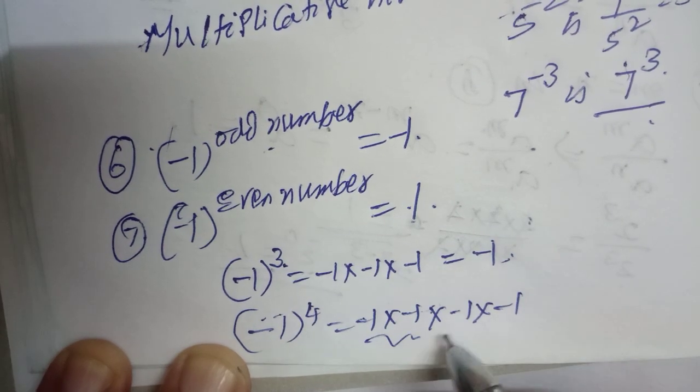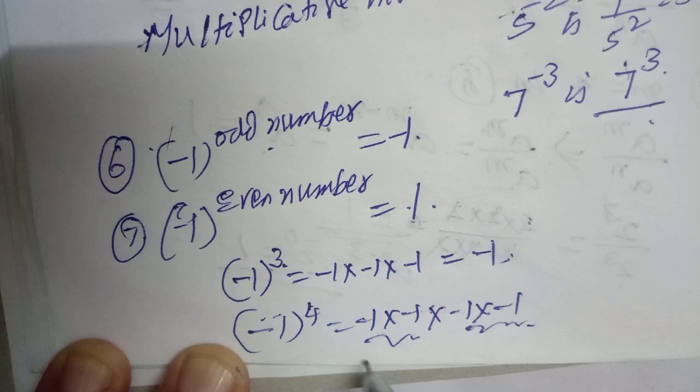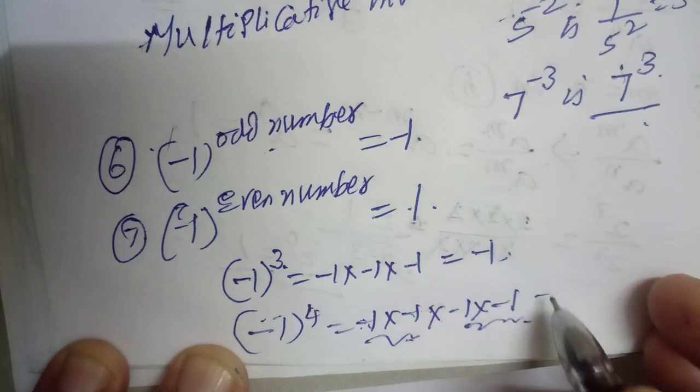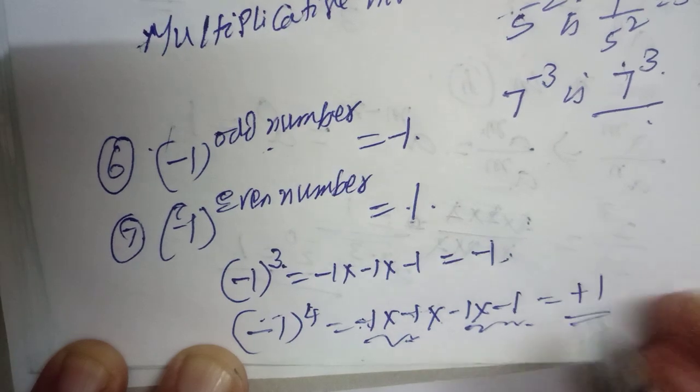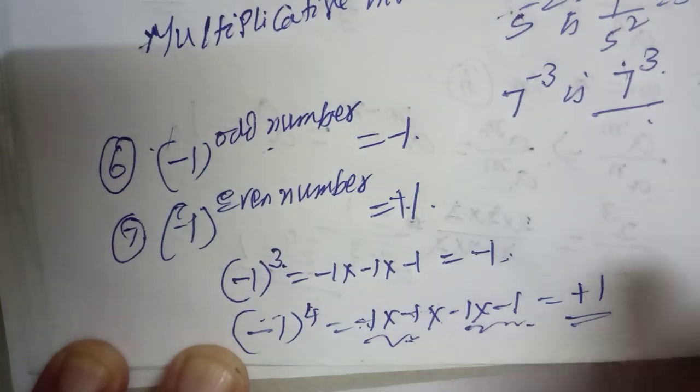For every two numbers, minus into minus is plus, minus into minus is plus. So you will get plus 1. You have to remember this, which will be helpful to you for your problem solving.